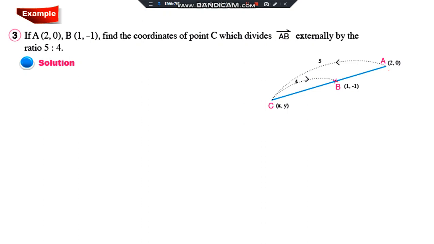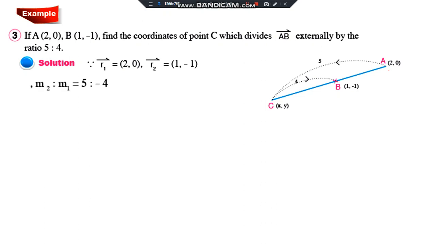the point of division in the direction of AB, and C equals the ordered pair x and y, and we have the ratio m2 to m1 will be 5 to 4, so m2 is represented by 5 and m1 by 4, from start to the point of division, then from the point of division to the end, so 5 to 4.